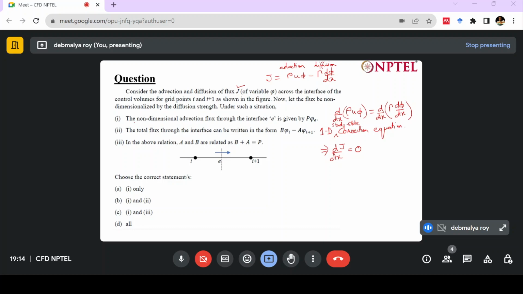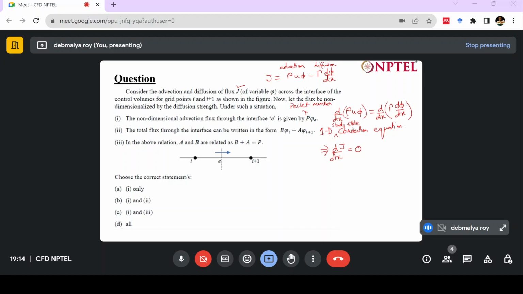The first question is: the non-dimensional advection flux through the interface E is given by P rho E. So what is P here? P is the Peclet number. The Peclet number is nothing but a comparison between the amount of advection and the diffusion.